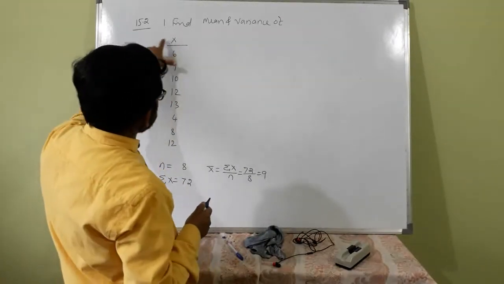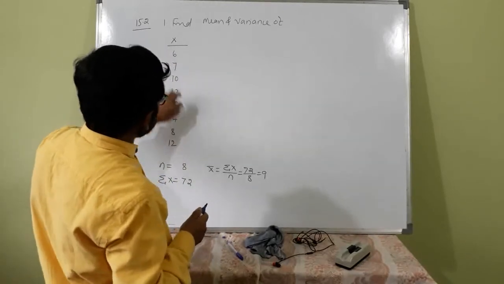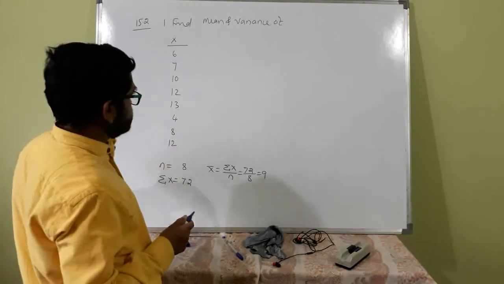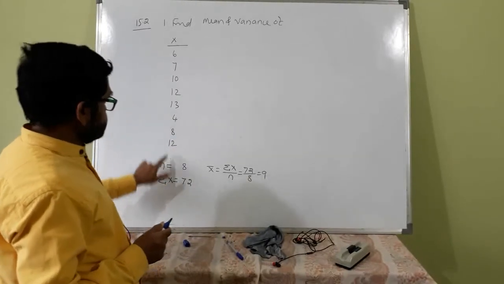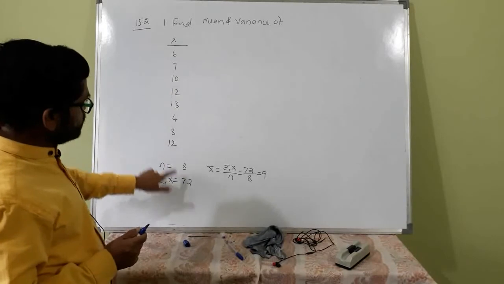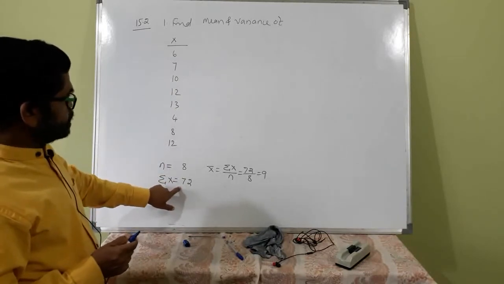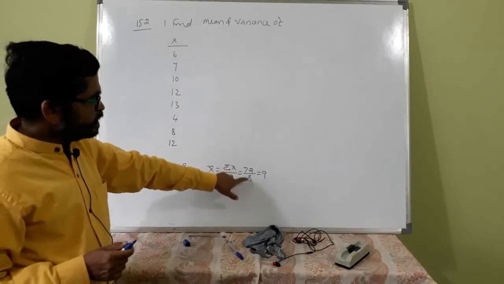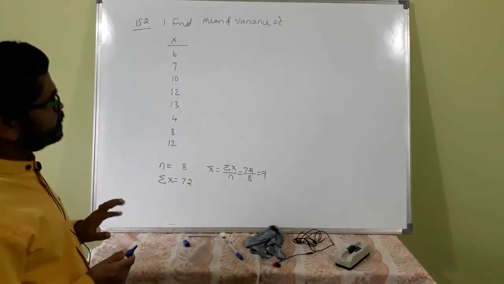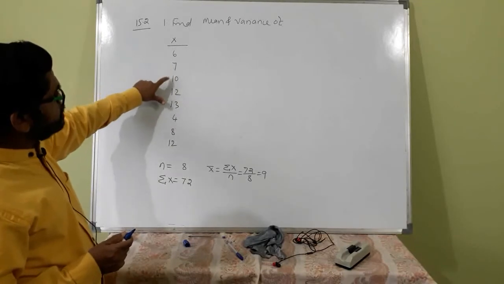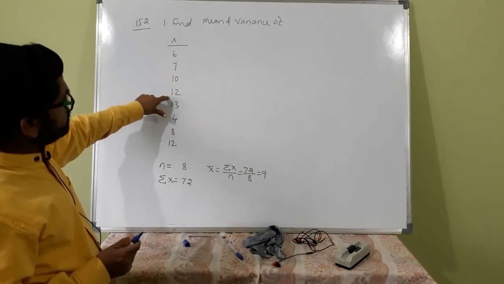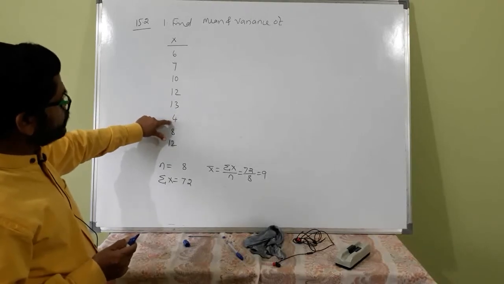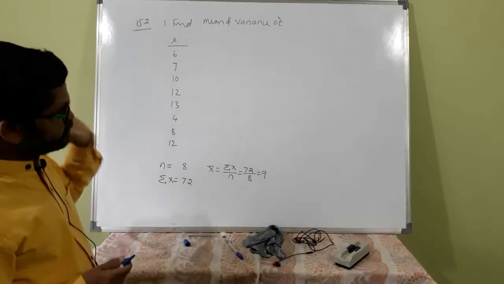Mean means the total of these divided by the count, 1, 2, 3, 4, 5, 6, 7, 8, so n is 8. If you sum this, you will get 72. And x bar is summation x by n, 72 by 8, which is 9. See, this is 13, 23, 35, 38, 48, 52, 52 plus 20 is 72.